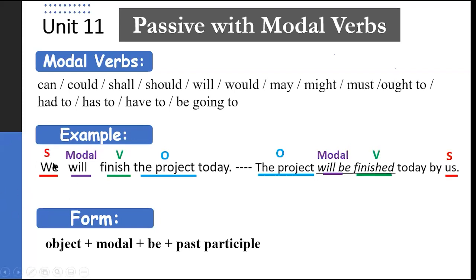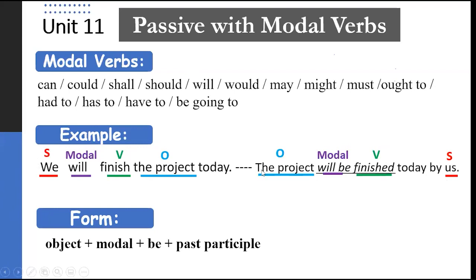We must not forget to change the words, the subject, okay? I cannot say the project will be finished today by we. We is referring to a group of people, but it must change to us. And us is also a group. So when we have the passive voice, we have to change the order of subject, verb, and object.